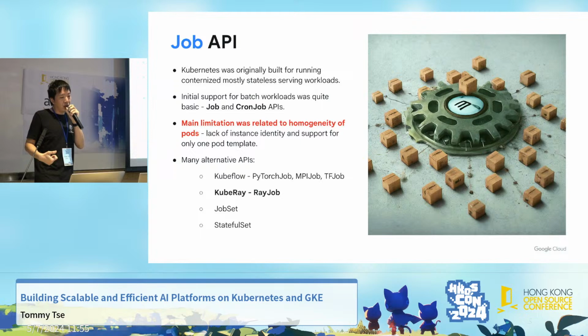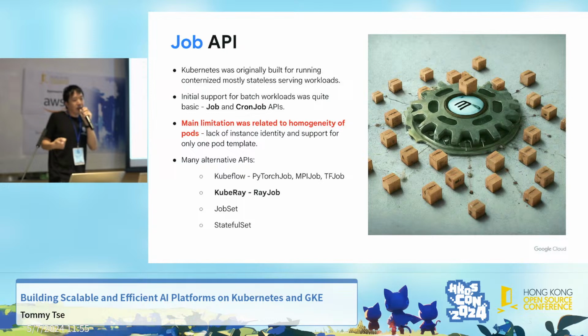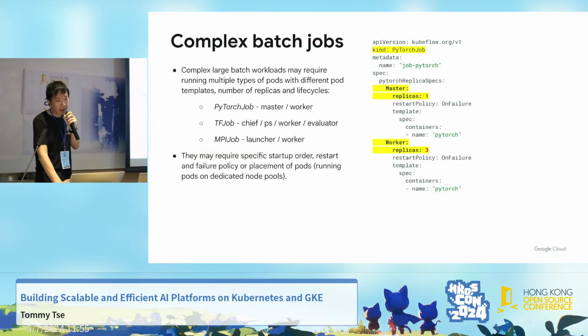There are also alternative APIs apart from Job. There's an open source project called Kubeflow that supports PyTorch or TensorFlow job processing, and KubeRay is a Kubernetes-integrated controller and APIs for running Ray-based jobs. And of course, a common one you might be aware of is the StatefulSet.